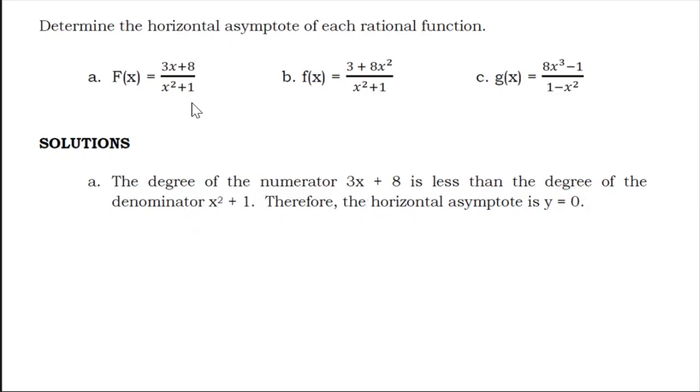As you observe, the numerator is in the first degree, while the denominator is in the second degree. So the degree of the numerator is less than the degree of the denominator. So our horizontal asymptote is y is equal to 0.